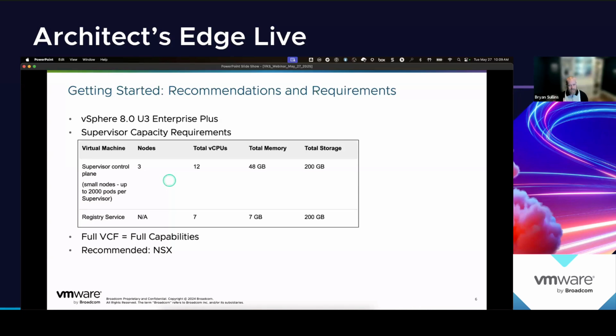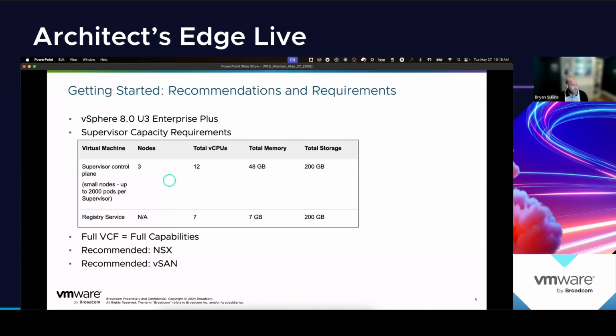It's recommended that you use NSX, and you have some advantages. There are some deep dives that we go into to talk about the pros and cons for a lot of those particular decisions. But NSX is not required, and neither is vSAN. Although, again, we're going to recommend those for the integrated and built-in policy management capabilities.